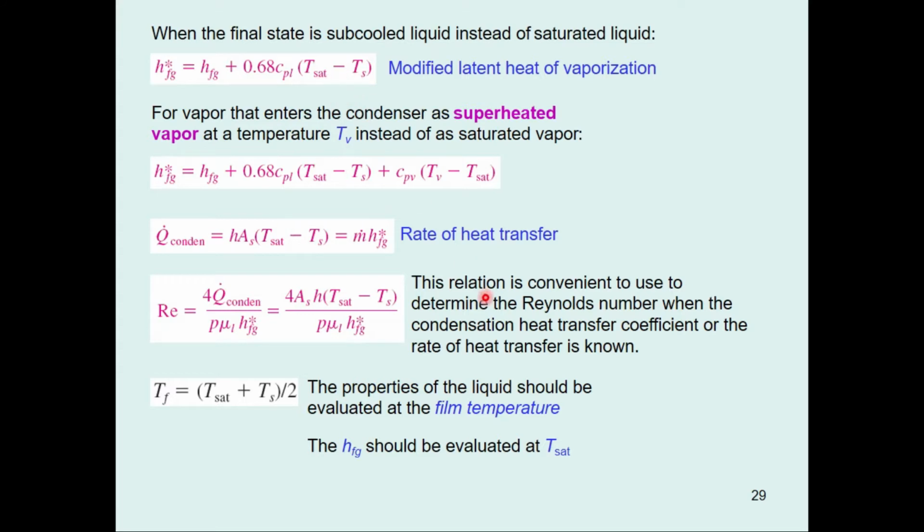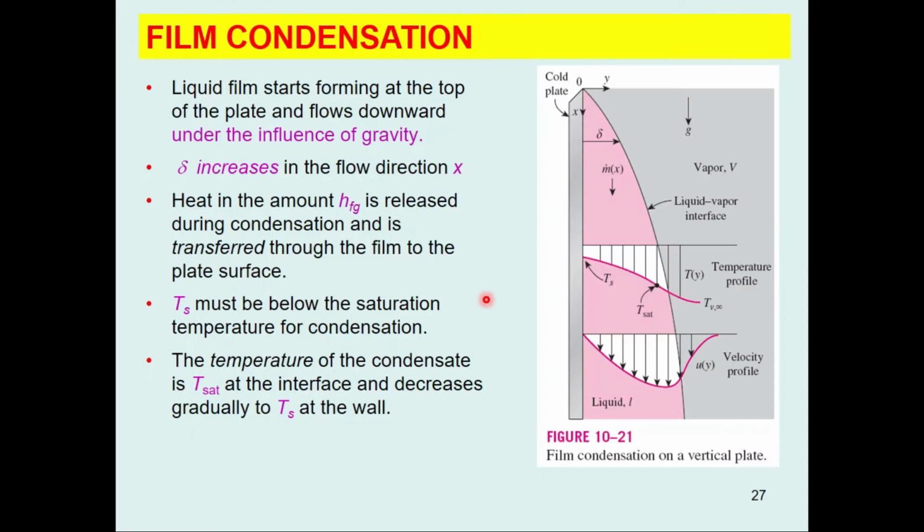As you can see in the previous diagram, this is the saturation temperature and this is the Ts temperature. So it might be over here, it might be right over here.